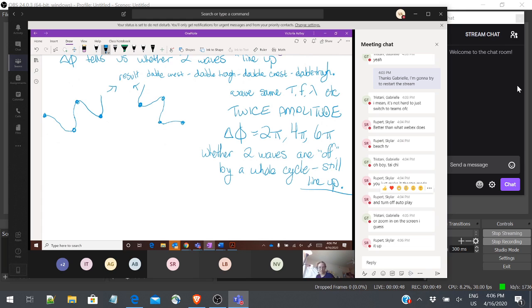So at that point, you have the same wave, but double amplitude. So double crest, double trough, double zero, double crest, double trough. Okay. This all making sense?